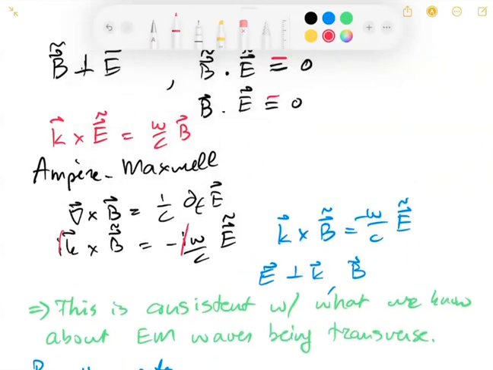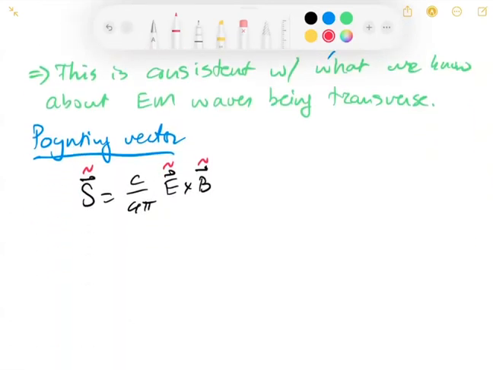So the red expression, k cross E is omega over c B. Okay, here we go. k cross E is omega over c B. So let's bring the c over omega to the other side. And then let's also remember that omega is ck.